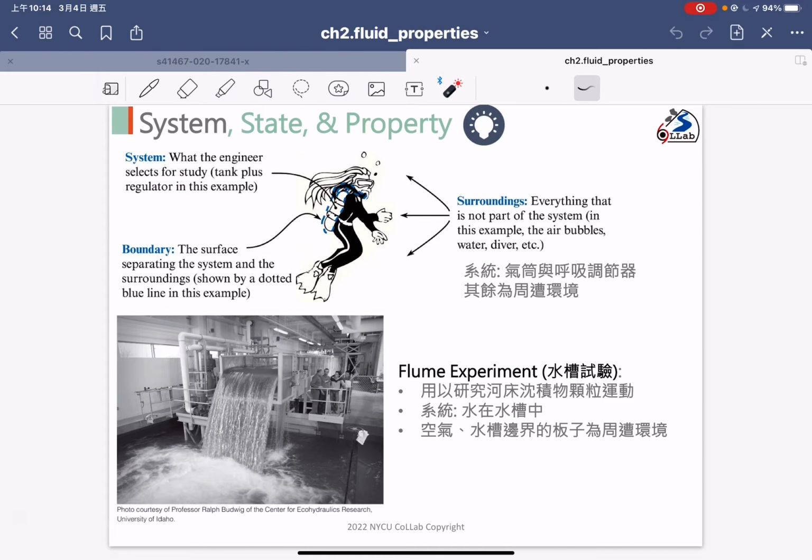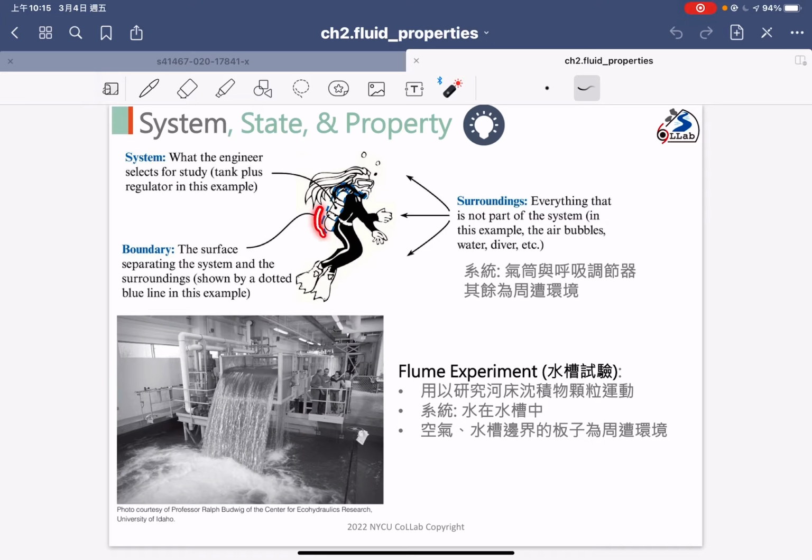It's quite simple. If you look at the slide showing here, I just put one example here. As you see the diver here, what is the system for this problem? The system includes all of the material you see in the slide. That means the system includes the diver first, and the surrounding area is water, right?